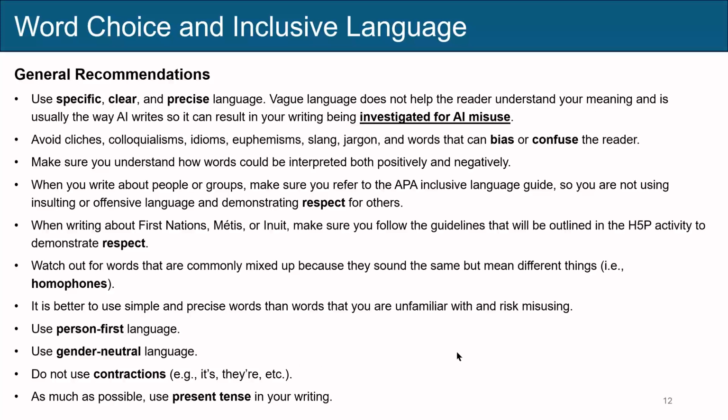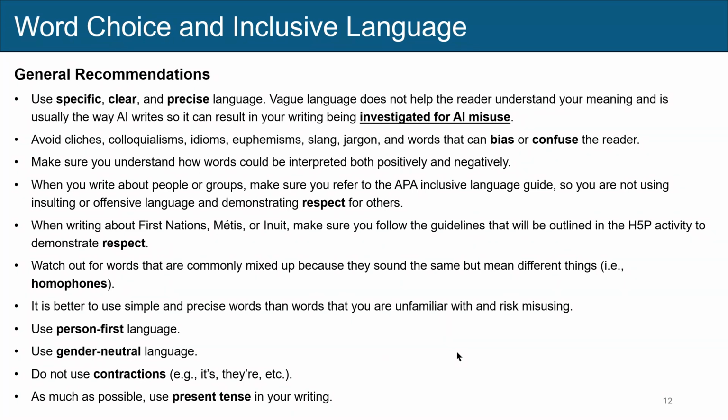In general, your writing should use specific, clear, and precise language. I should not be confused when I am reading about what you are talking about. If you use vague language or language that can be interpreted in different ways and haven't built out on it such that it is understood within that context, it becomes confusing.